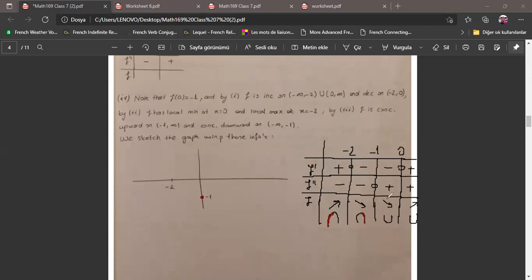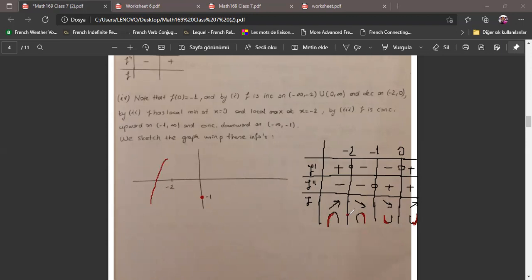And here it's decreasing and upward, so it will look like this, and like this, increasing and upward. So at the end, we will have something like this.